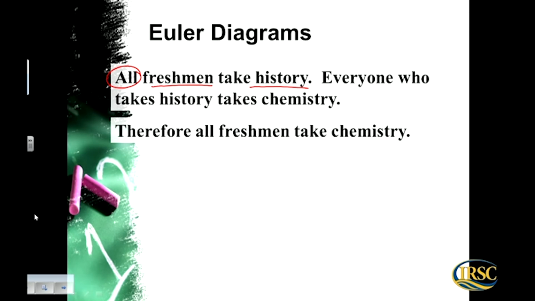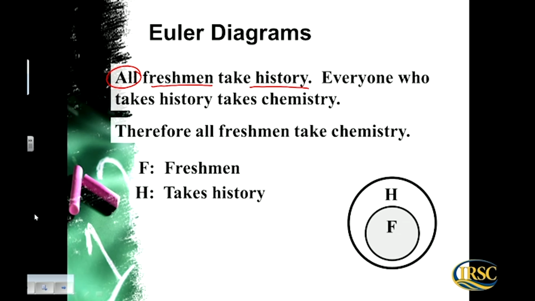One inside the other, right. Which one should be on the inside? Freshmen. Always the first item. The first item, freshmen, goes inside of the second one because all freshmen are the ones that are taking history. Okay, so I made a circle for freshmen and then a circle for takes history that goes around that circle.